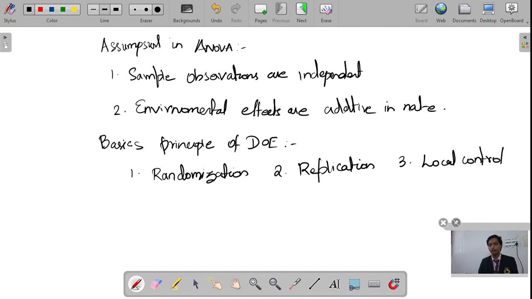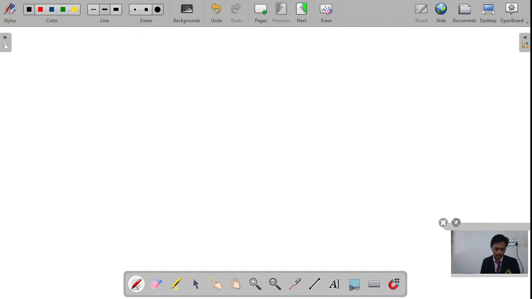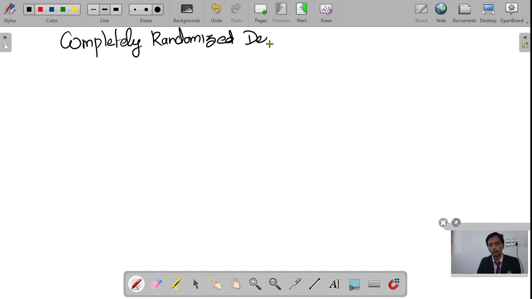Next we move on to the topic, completely randomized design, or we can simply call it one-way classification.